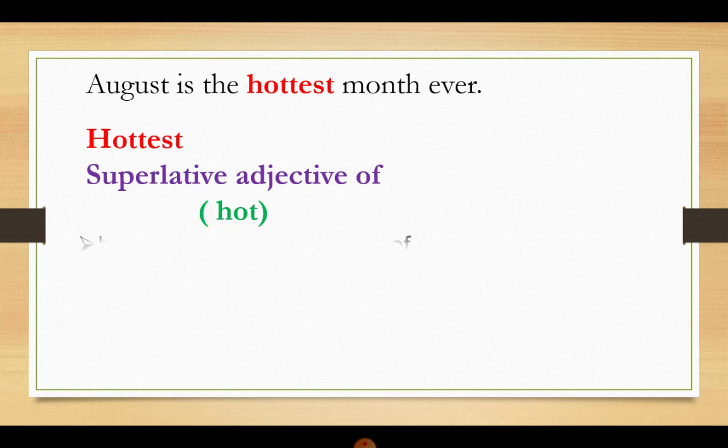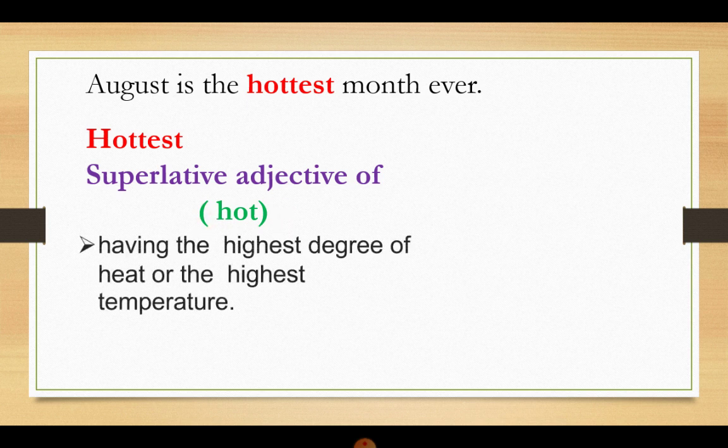Okay, and it means having the highest degree of heat or the highest temperature. Exactly as we just mentioned, we have a word with one syllable, ending with one vowel and one consonant, so we have to double the consonant first of all. So instead of H-O-T, it will be H-O-T-T.